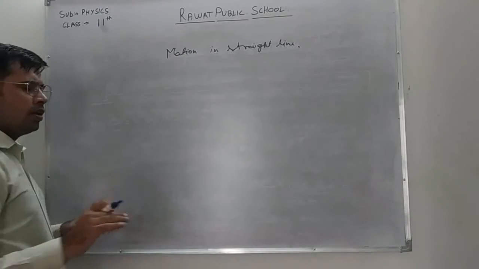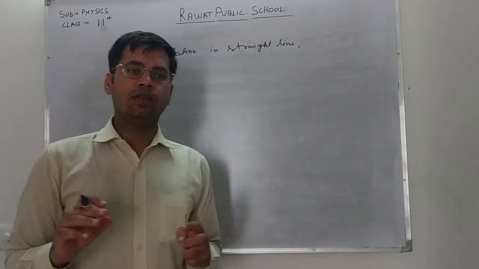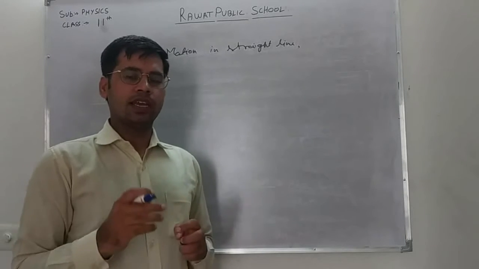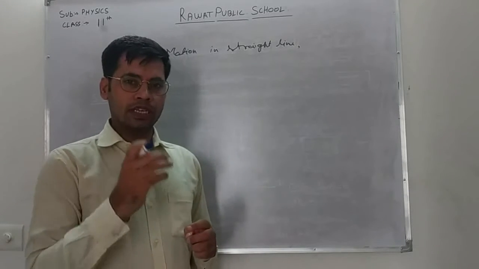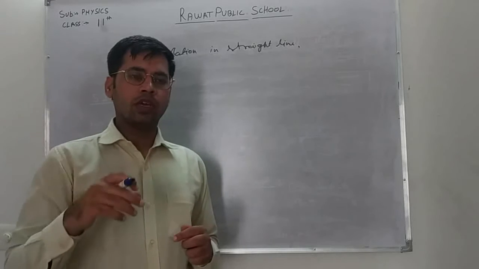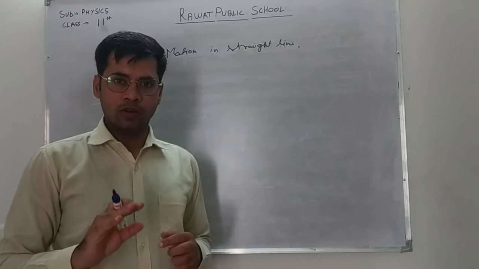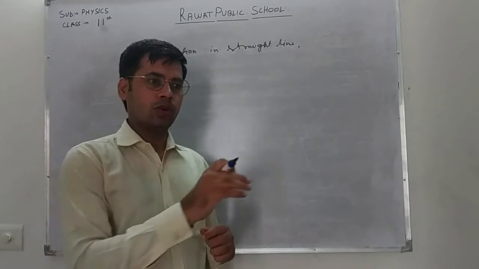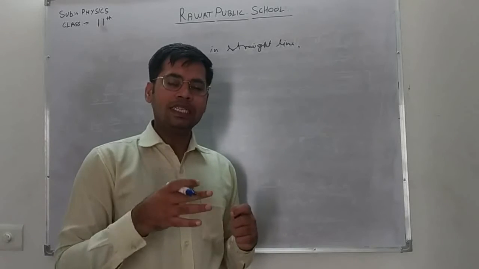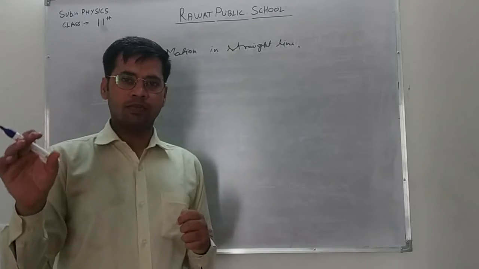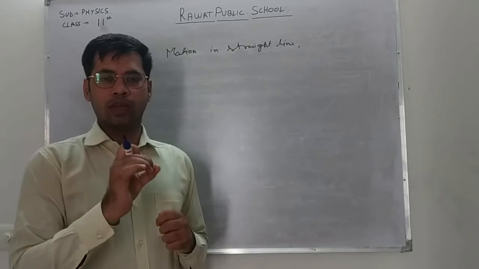Now in our daily life we see various activities, various things, just like a moving object, a car is moving, a ball is falling down, a baby is crawling. In all these examples, the object is moving.